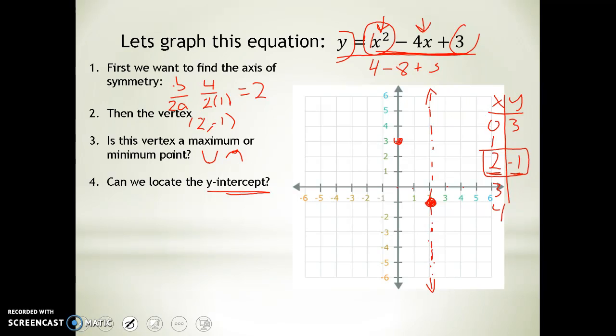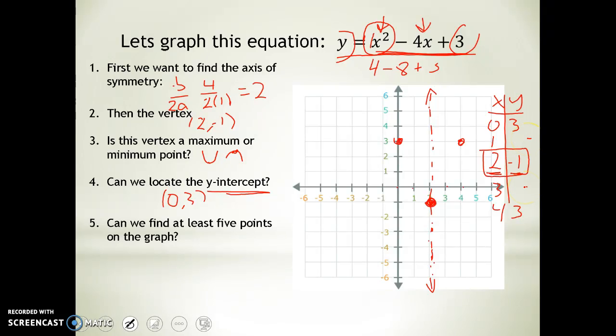That's the point 0, 3. Assuming that we got the axis of symmetry correct, we then can get another point that's reflected over that at 4, 3. So we have now 3 points on the graph, but we want to come up with at least 5 points. So there's 2 obvious points here that we could now find.